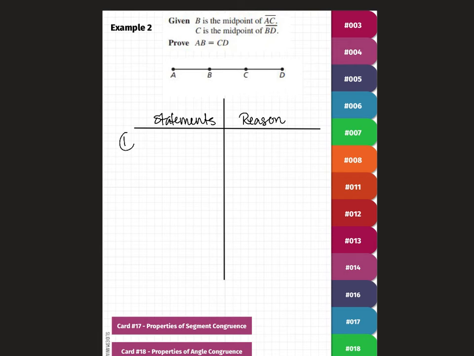Okay, and so then the first thing is B is the midpoint of AC and C is the midpoint of BD. First of all, I got to write that they're the given.